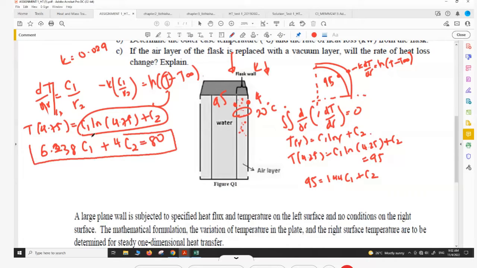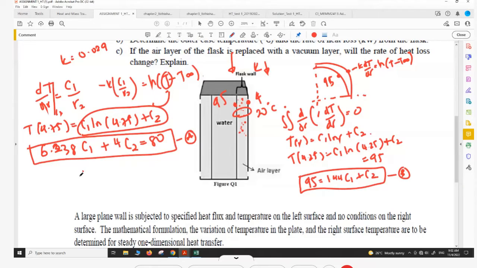So you have an A and you have a B equation. So you have two equations with two unknowns. You can use your calculator to solve these two equations A and B with the aim to get C1 and C2. Two equations, two unknowns is solvable directly in your calculator.